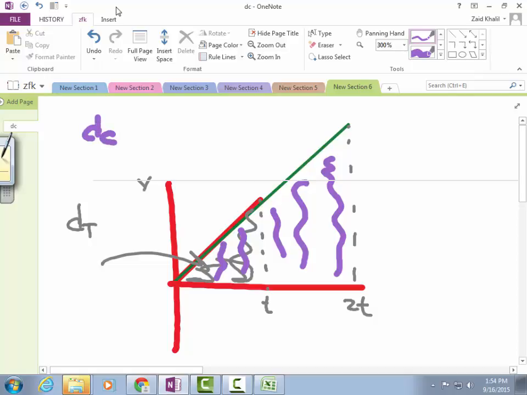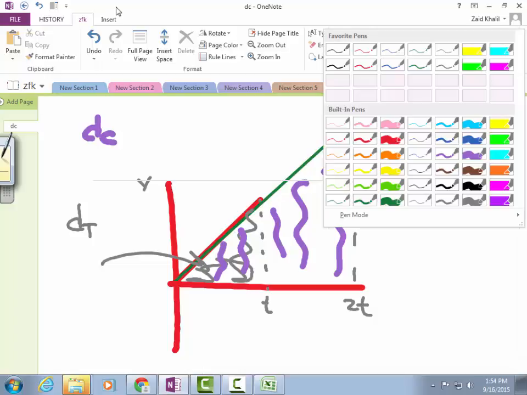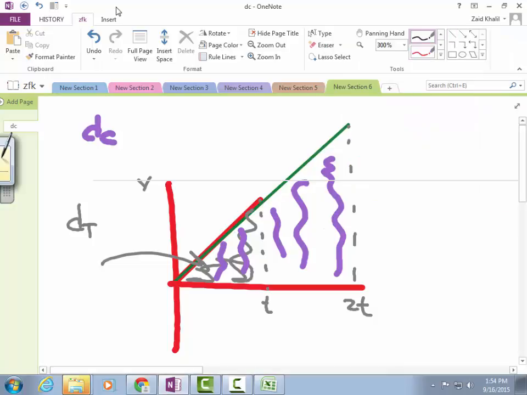So now what can you do? Well, watch this. By symmetry, I can start ripping this thing apart as follows. One triangle, two triangles, three triangles, four triangles.